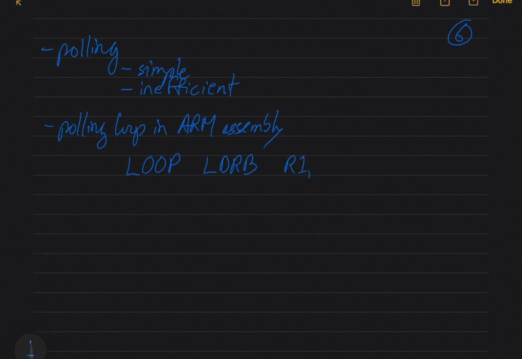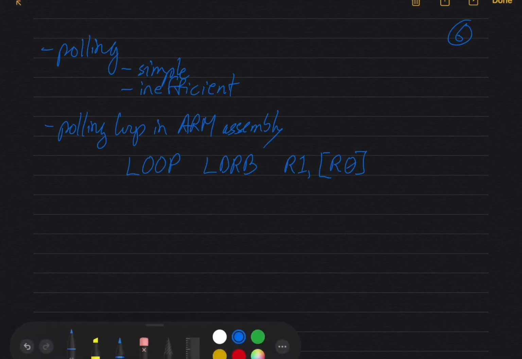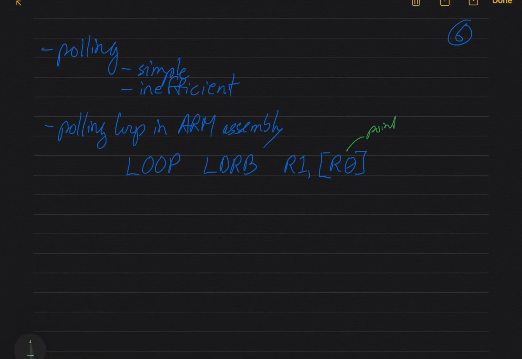So LDR is load into register, and B is a modifier on that. It means byte. So load a byte into register 1, and where it's loading from is pointed to by the contents of register 0. So register 0 is a pointer to the LSR, the line status register.